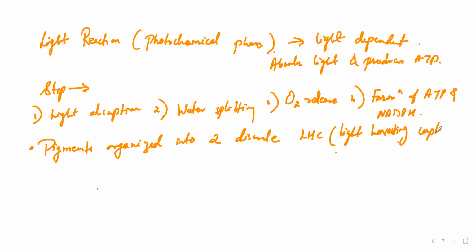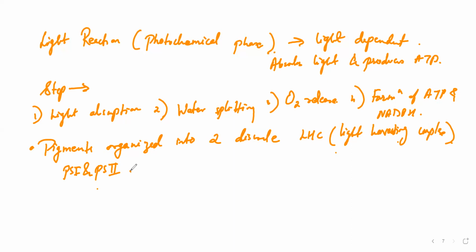Initially this is going to take the light from the sun. Now this LHC you will find in both PS1 as well as in PS2. LHC has many pigment molecules.